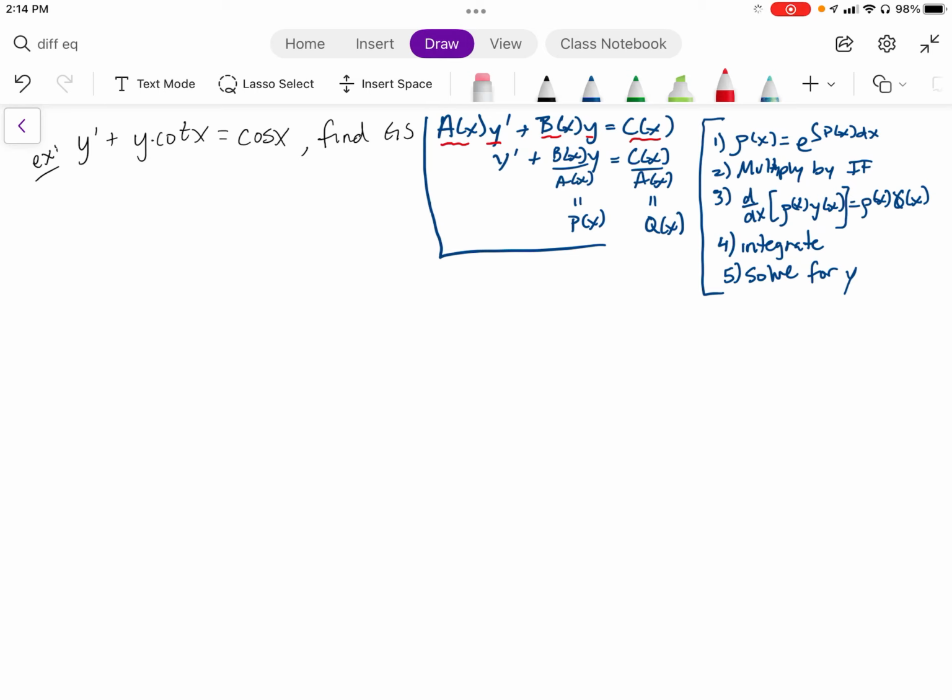This one, however, we can see it's directly of this form. The only maybe confusing part is this example has y before cotangent x, which is a function of x, but that's simply because if we didn't use parentheses, then that is open to interpretation of, do we mean cotangent of x multiplied by y, like this, or do we mean cotangent of xy?